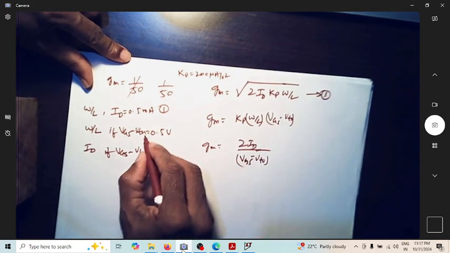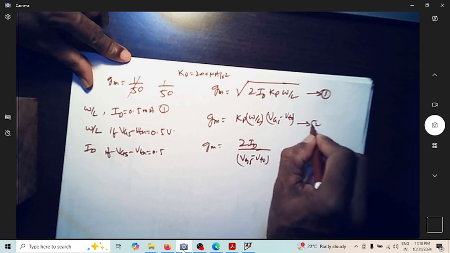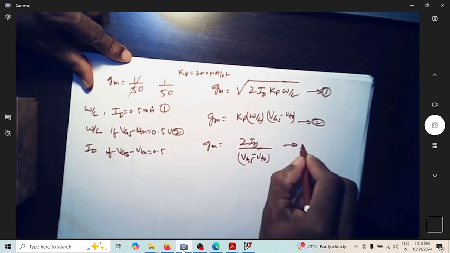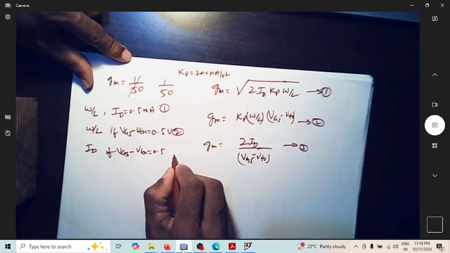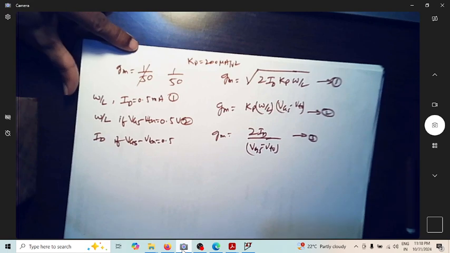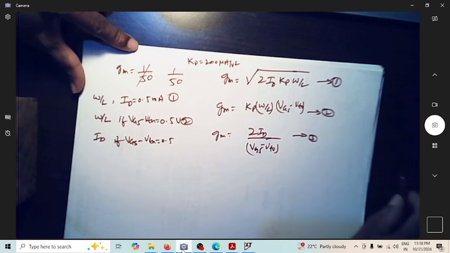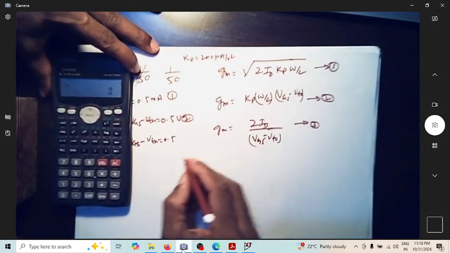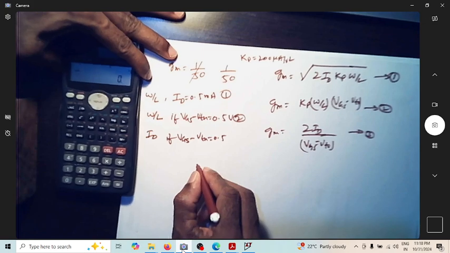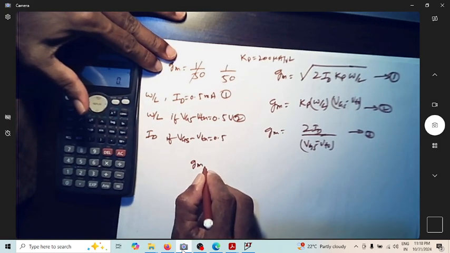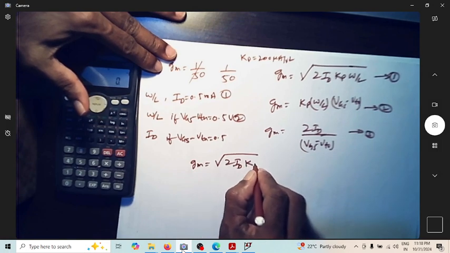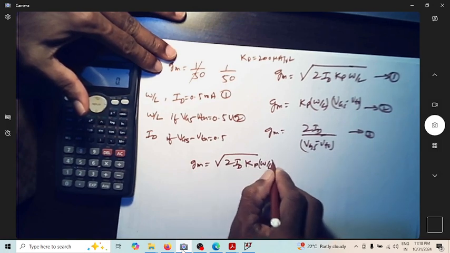You can use equation 2 for finding this, and you can use equation 3 for finding ID given this. So now you can straight away solve. So what is this GM? You can just simply take the first equation, which happens to be GM is equal to under root of 2 ID Kp W by L.